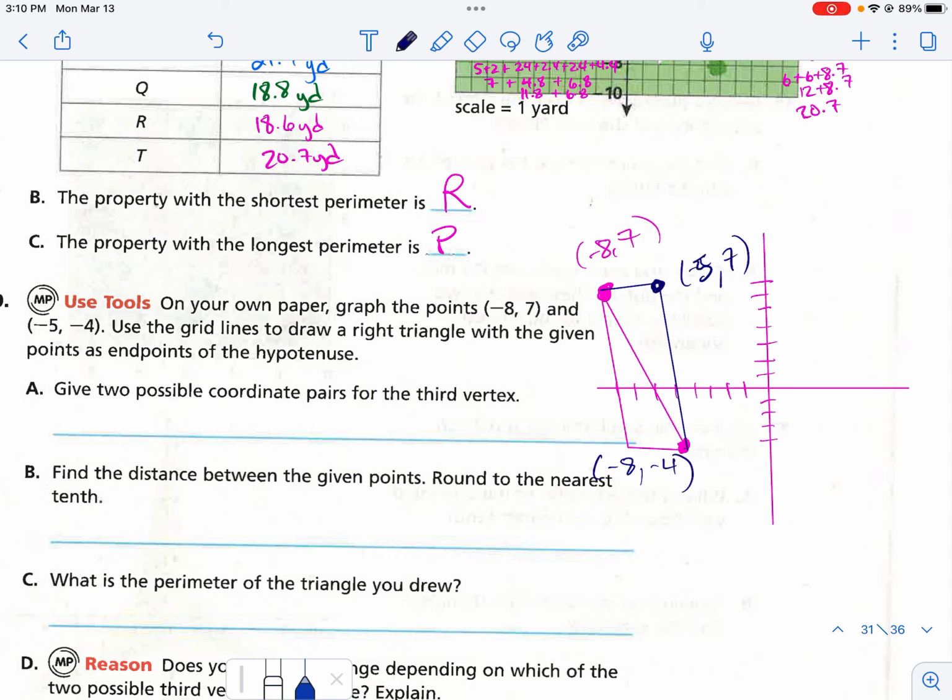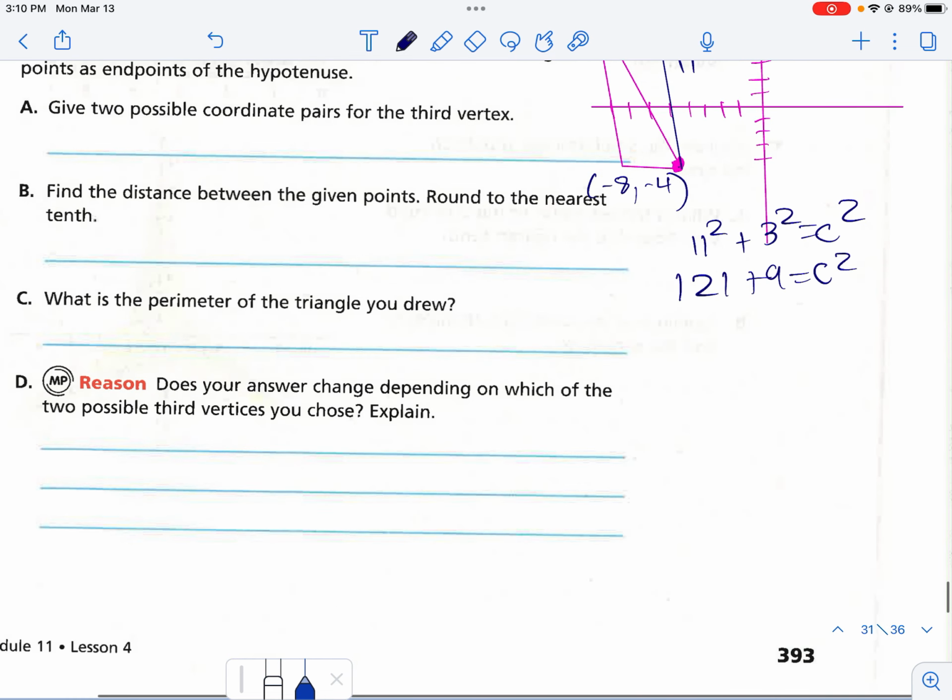So now I want to find the distance. So from -8 to -5, that's 3. From 7 to -4, that's 11. So 11 squared plus 3 squared equals c squared. So that's 121 plus 9 equals c squared. So that's 130 is equal to c squared.